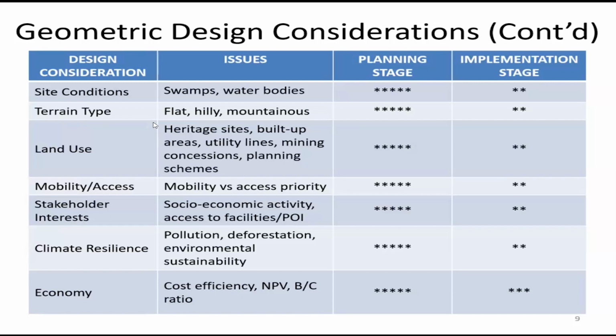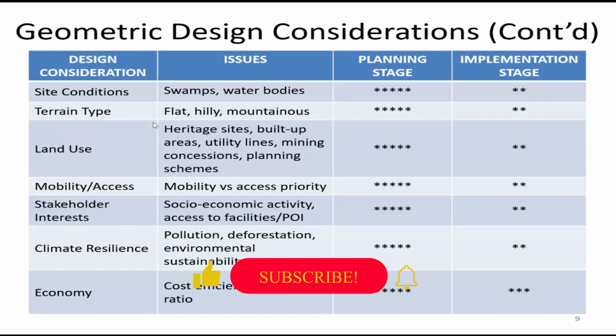There's always a consideration of the balance between mobility and then access, to balance the two properly so that you have appreciable mobility and access. Often the geometry would have to be considered to have frontage roads alongside the main roads or service roads.